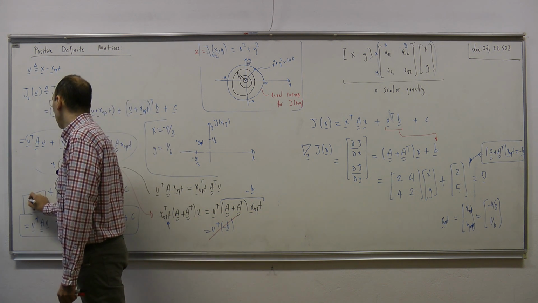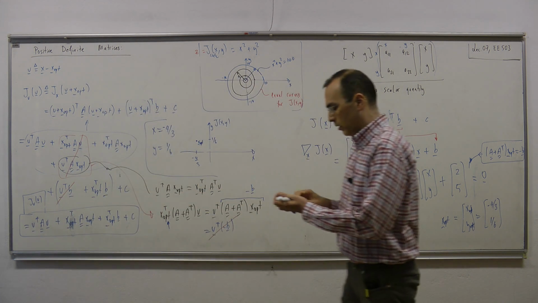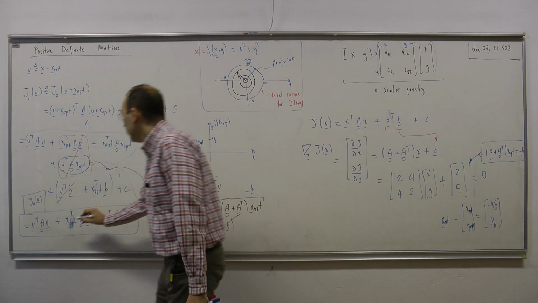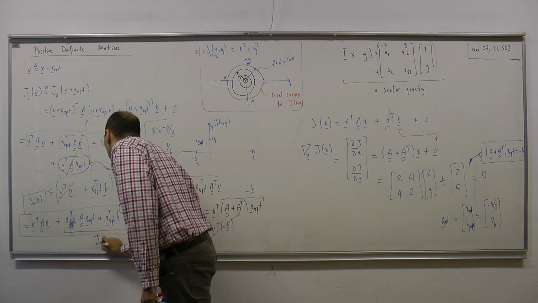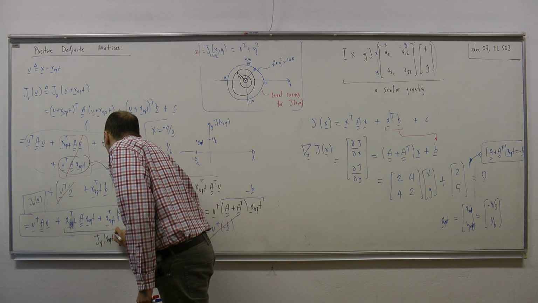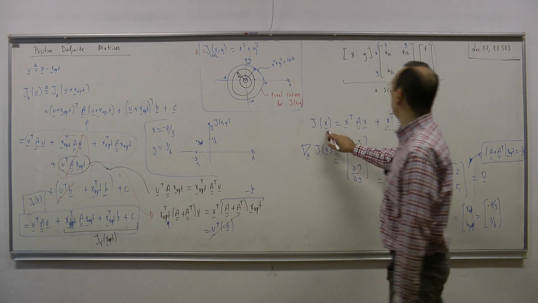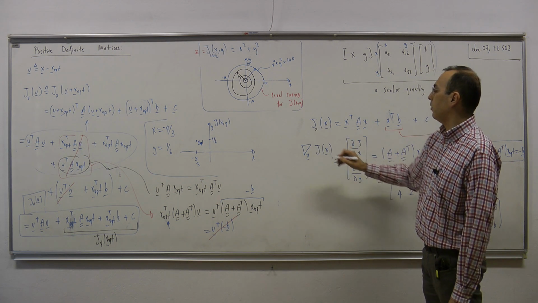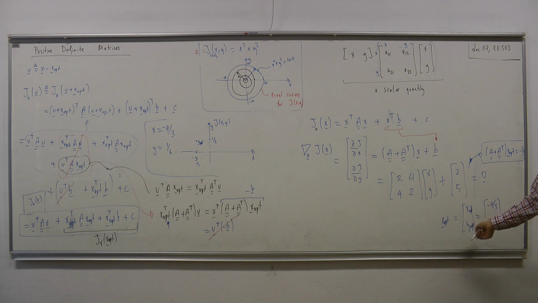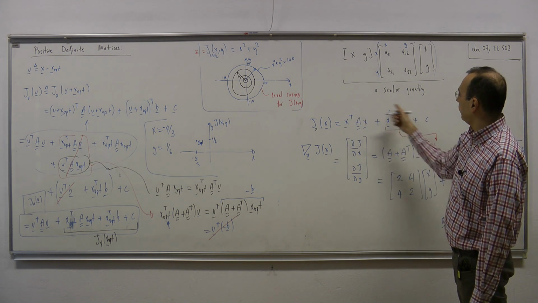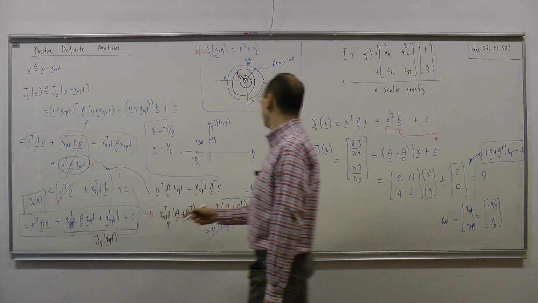This is my J of U. And you can say that this is indeed the value of the original function J with respect to X at XOPT. Now I have two J's. So for the optimal vector, this quadratic function takes this value.